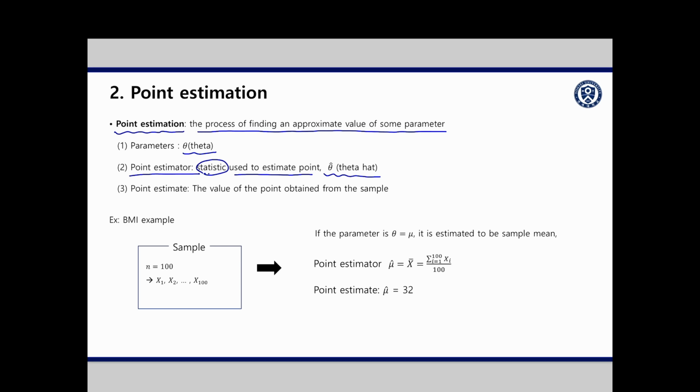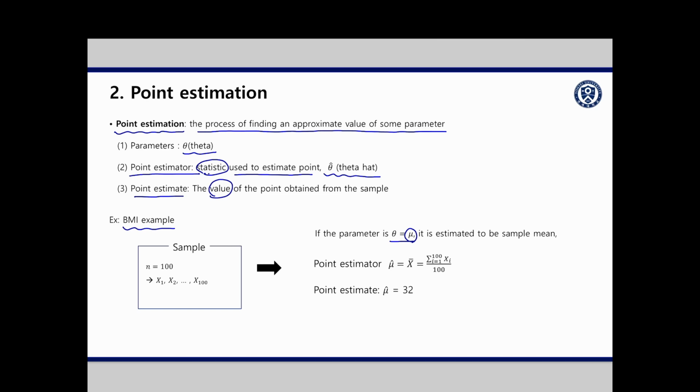Okay, let's look at a BMI example. If the parameter is considered mu, that means the average BMI of the population.